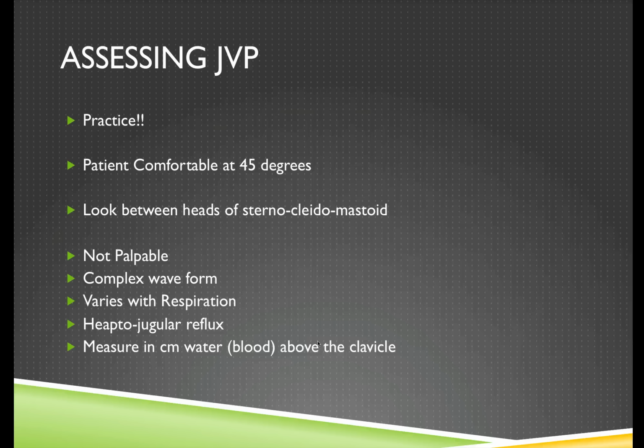It has a complex waveform, as I said, the A, C and V waves with X and Y descents. It will vary with respiration. On inspiration, the JVP will generally fall due to increased intrathoracic compliance. If we palpate the abdomen and the area around the liver, we can cause backflow of blood, so-called hepatojugular reflux. We tend to measure it in centimetres of water, which is akin to centimetres of blood above the clavicle.